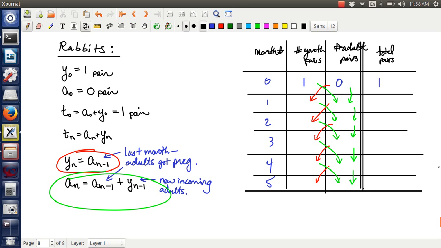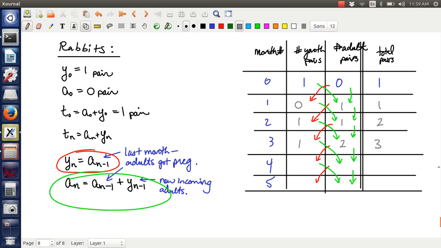Okay, so let's just go ahead and figure out what all those values are. Okay, let's follow the first red arrow. Okay, 0. Now let's follow the green arrows, 1, and then add 0 plus 1 is 1. Okay, follow the red arrow, month 2. Follow the green arrows, month 2, add them up, you get 2. Red arrow, month 3. Green arrows, month 3. We have to add the youth and the adults from the previous level, so we're getting more rabbits now.